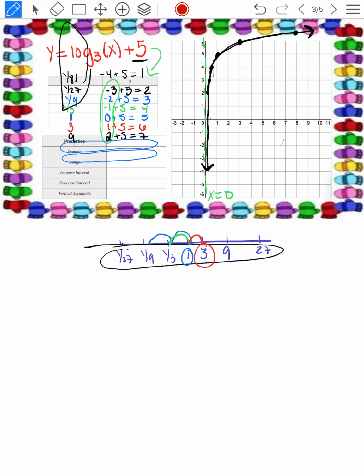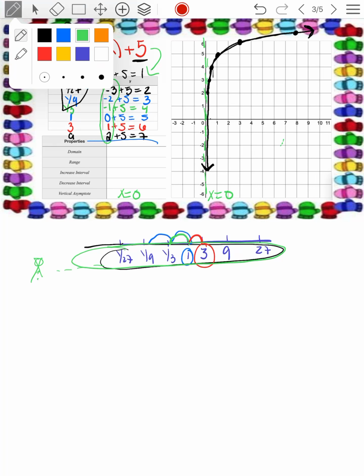Because this x equals 0 value, we are never going to hit. Because when we create this number line, remember, let's go back to how we started learning about logs, there's no way that we're going to get 0 on our number line. We're going to keep getting smaller and smaller fractions, but we're never going to hit 0. So my vertical asymptote is x equals 0.